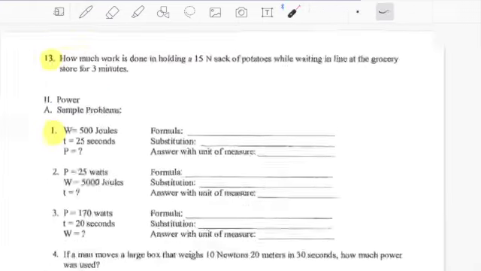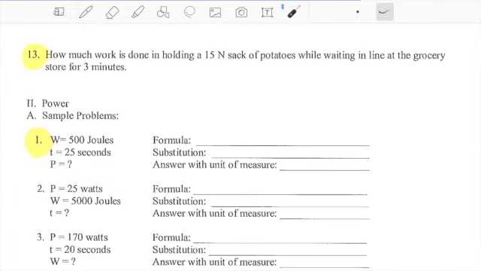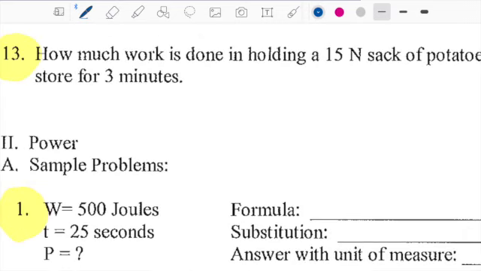newtons. And then I want to do number 13, which is super tricky, and I super love this problem. It says, how much work is done in holding a 15 newton sack of potatoes while waiting in the line at the grocery store for 3 minutes? So let's see. In this one, we're searching for work. We already know that the formula for work equals force times distance.